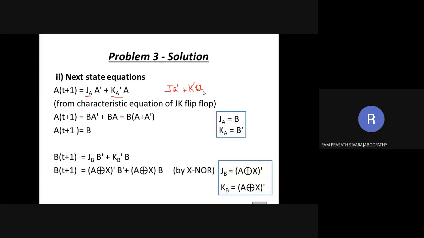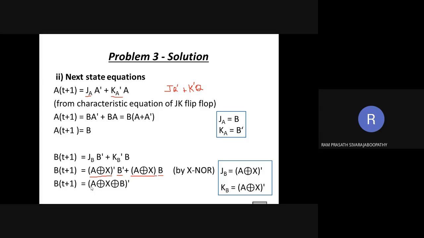See what comes when we substitute. It will be like this. Look carefully. A bar B bar plus AB, is it there? So this is the XNOR operation. So it can be written as A XOR X XOR B whole bar. That's all. So this is the equation for B of t plus 1.